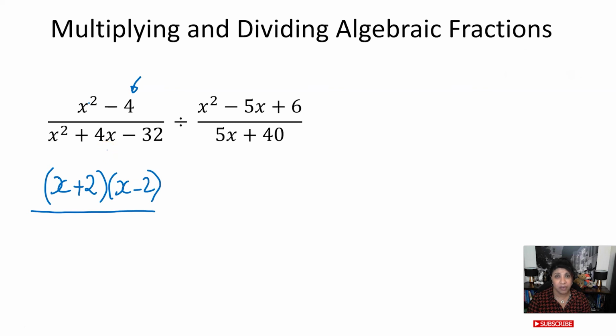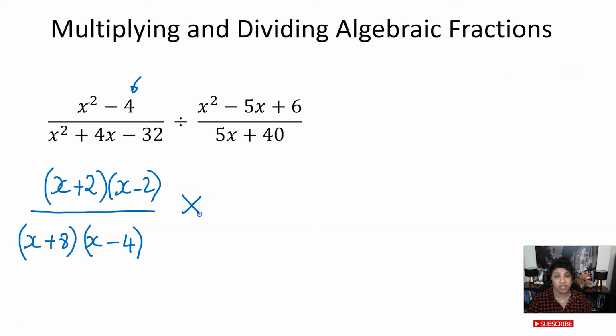So my two numbers that need to go in my bracket will be x here and x there. And then I have plus 8 and then minus 4. So 8 take away 4 would give me the plus 4, and 8 times the negative 4 would give me negative 32.